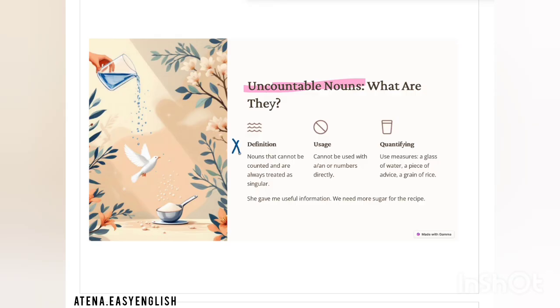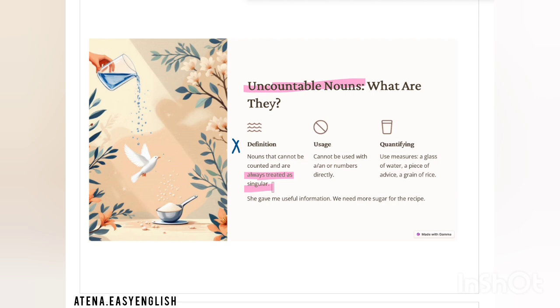So first let's read the definition. Uncountable nouns are nouns that cannot be counted and they are always treated as singular. It's really important. We always treat them as singular nouns.